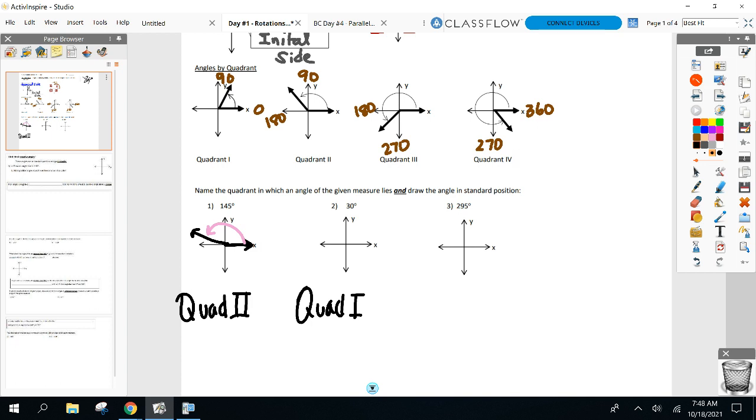Should be closer to 0, right? So again, initial side on the x-axis, terminal side in the first quadrant, closer to 0 than it is to 90. And don't forget your rotational arrow saying I'm going this direction.